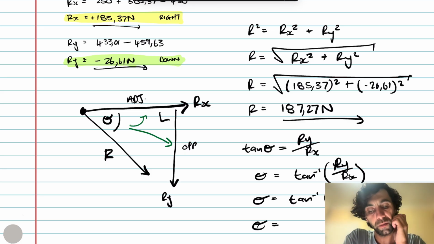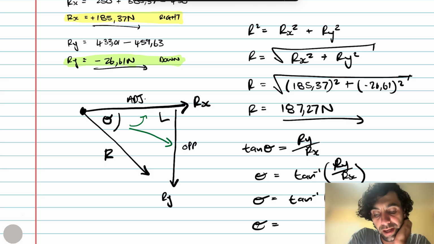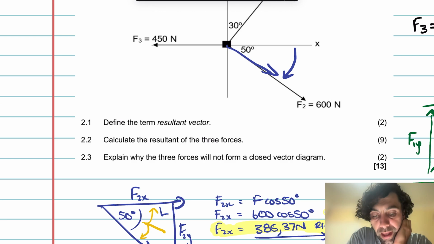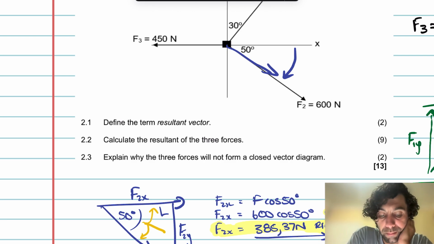Okay, and then 2.3 quickly says, explain why the three forces will not form a closed vector diagram. It won't form a closed vector diagram because closed vector diagrams only form when we have a system in equilibrium.